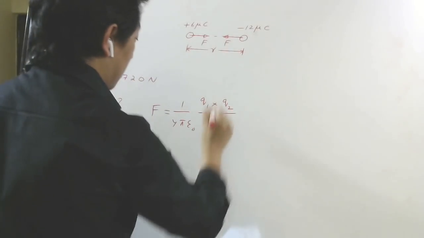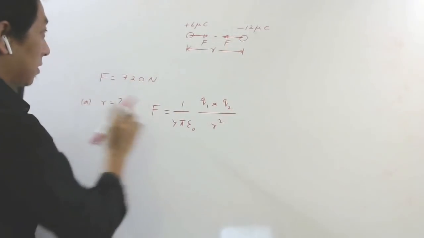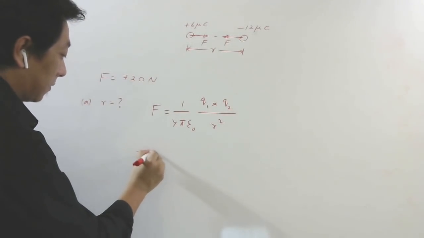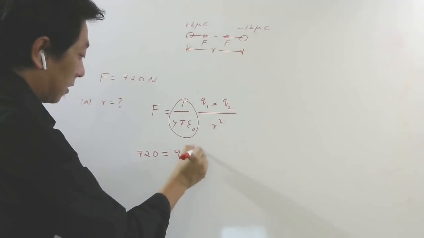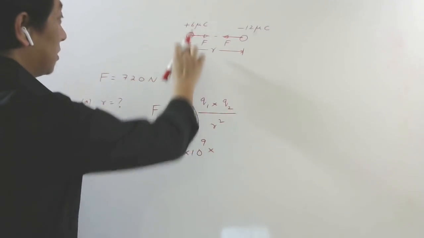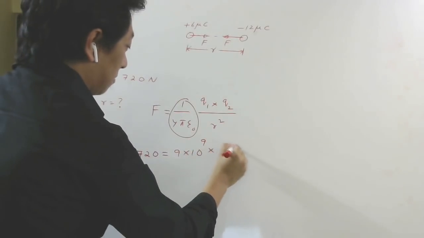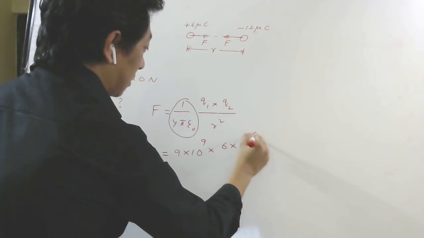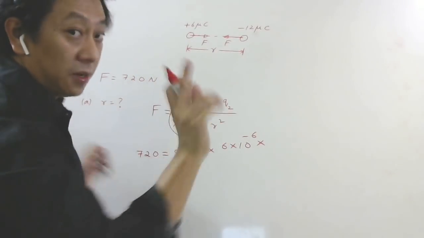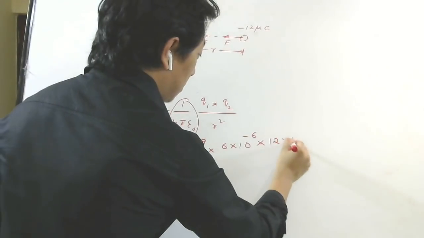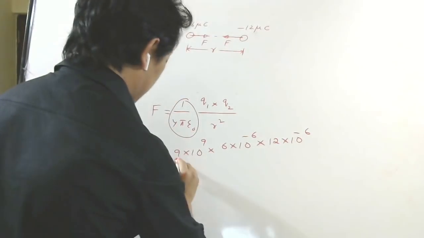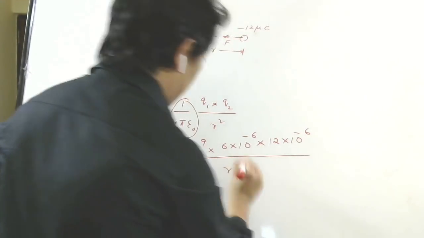Divided by r square. So what is the force given? 720. What is this number? 9 into 10 to the power 9. First charge in magnitude is 6 microcoulomb, micro means 10 power minus 6. Second charge in magnitude, do not write the sign, is 12 into 10 to the power minus 6, divided by r square.